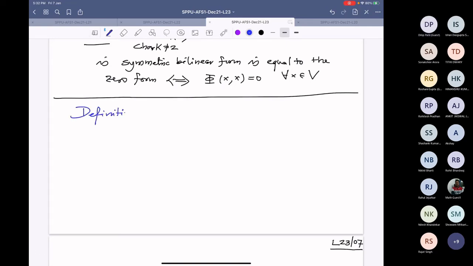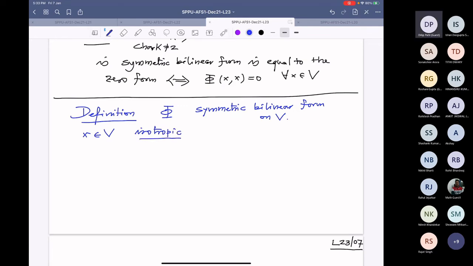Definition. So V is a vector space as usual, and I am taking phi to be, actually I should take both, but let us take a symmetric bilinear form on V. And let us take a vector in V. You call this vector isotropic, again, this word is coming from physics, with respect to phi, if x is perpendicular to itself.